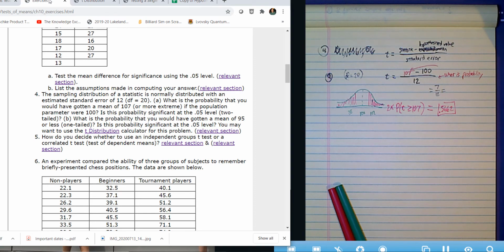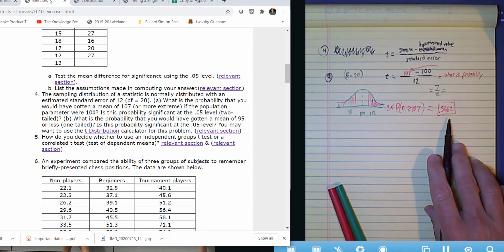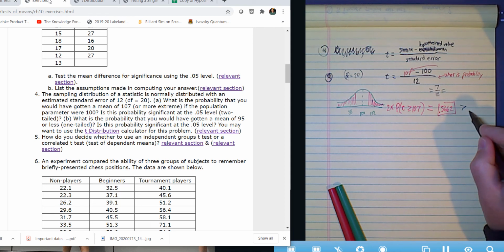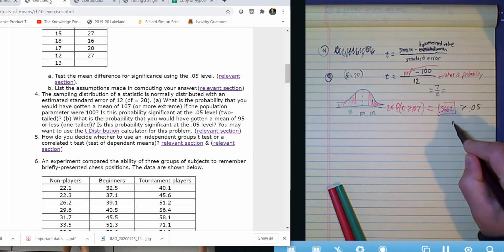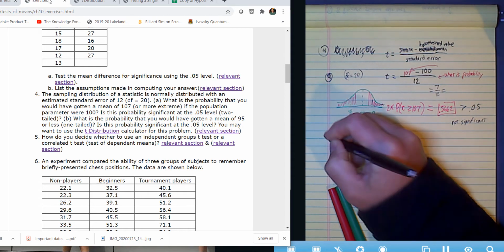Is this probability significant at the 0.05 level? Well, no. This is a high p-value. It's much higher than 0.05. So I would say it's not significant. Okay, so that's part A.